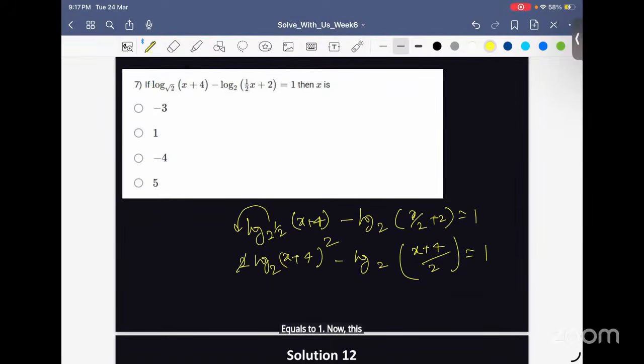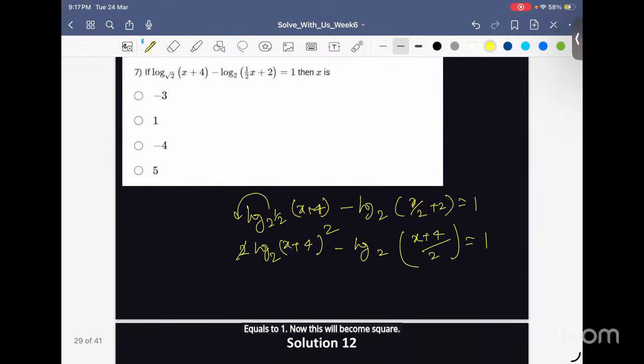Now this will become square. And that will be divided. Okay, sorry. It's better to do this: 2 log of x plus 4 base 2, and this will become log of x plus 4, right? And then minus log of 1.